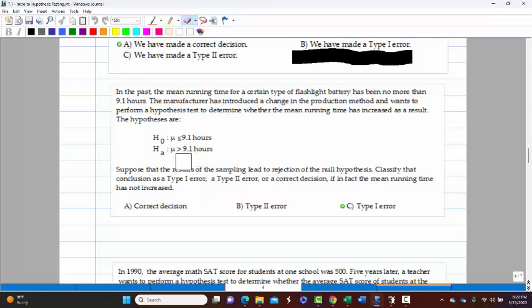That means, like the last problem, we support the alternative right here. We support greater than 9.1. But here it says, in fact, the mean running time has not increased. It didn't go up. It's still less than or equal to 9.1. So we rejected the Ho when the Ho was actually true, and therefore, we made a type 1 error.